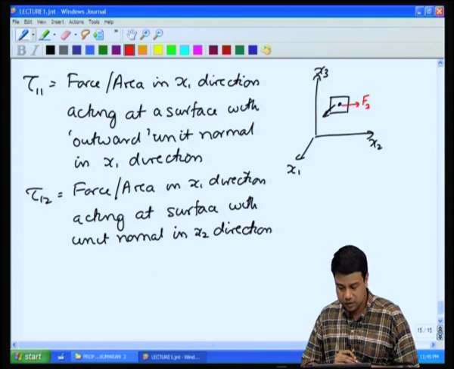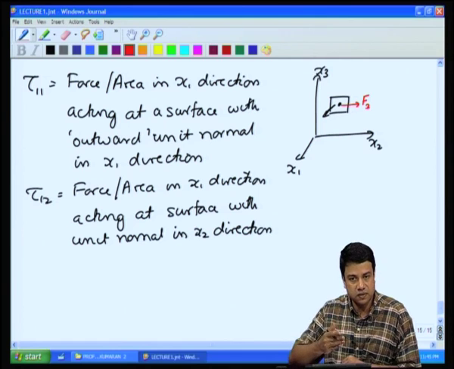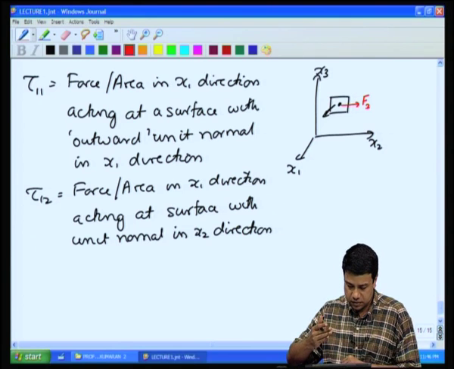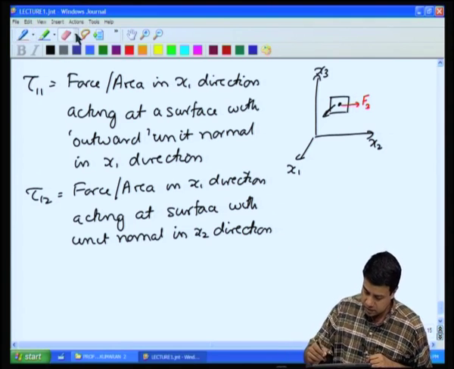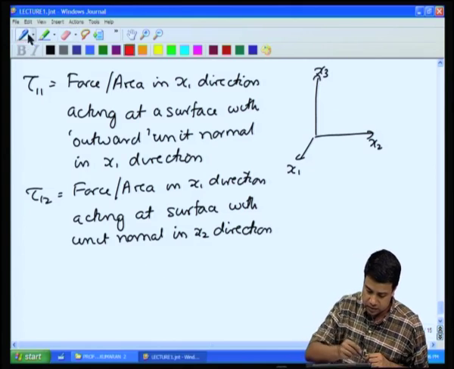Okay. So, this basically, tau 11 gives me the flux of momentum in the x1 direction through a surface whose unit normal is in the x1 direction. Tau 12 gives me, so I am sorry, I should correct this. Okay. So, I construct a surface whose unit normal is in the x2 direction. Okay.